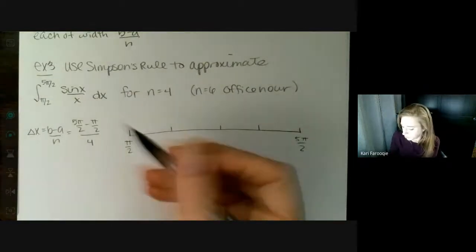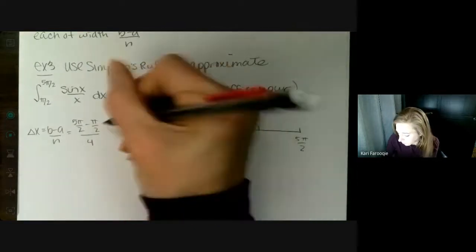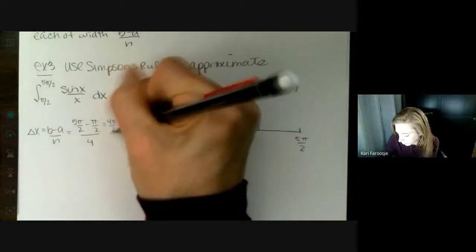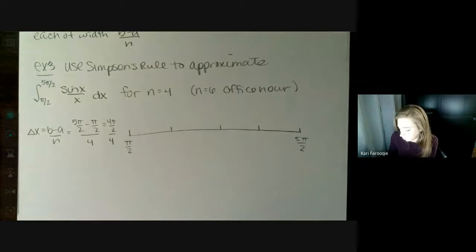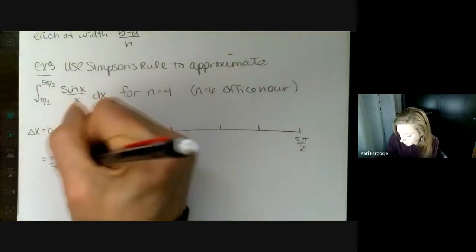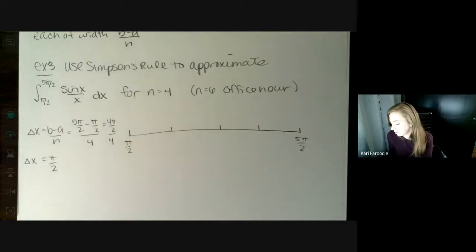Never hurts to do a little bit more. 5 minus 1 is 4, so 4 pi over 2 divided by 4. When you're dividing by 4, you're multiplying by 1/4, and you're getting delta x equals just pi over 2. So 4 pi over 8 is pi over 2. You can also think about it that way.